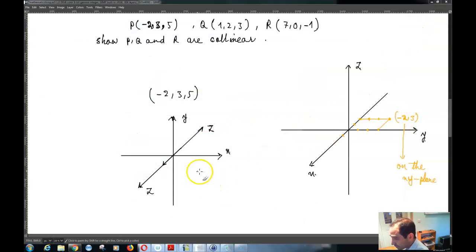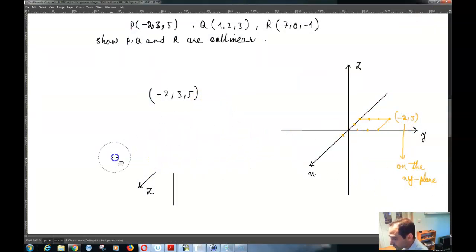Now the next step that you need to take here is that, of course, right now this is a point on the xy plane, on the horizontal plane, on the green plane that we just saw. Now you want to go up 5 units.